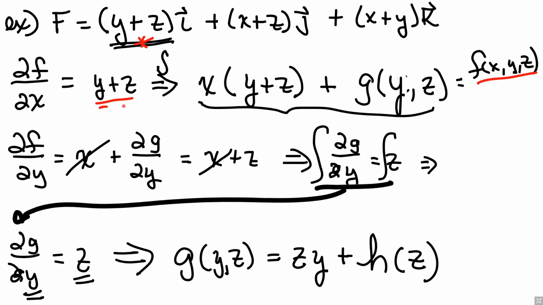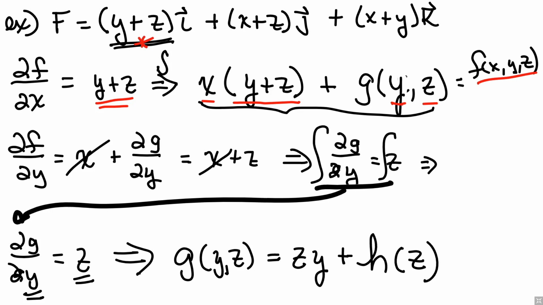If I integrate this with respect to x, it becomes x times y plus z. Then I'm going to have plus some new function that is defined in terms of the two variables that I didn't integrate with, and that's y and z. So now I've created this function f.